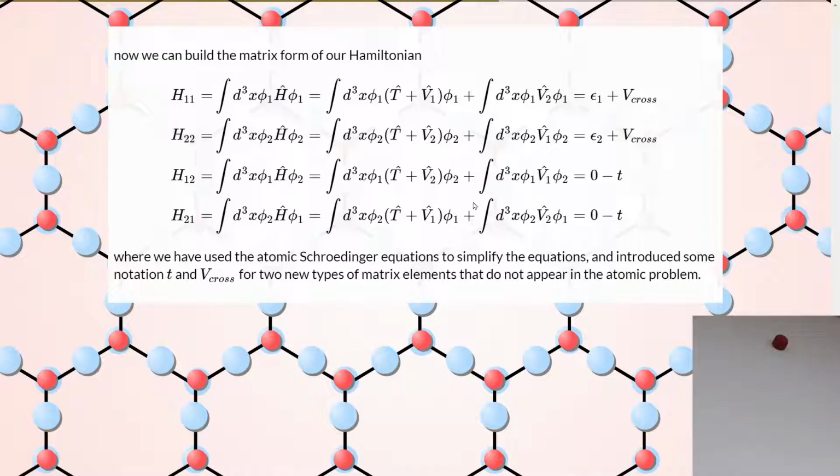So I've sandwiched H, the Hamiltonian, between phi 1, using the approximation. I've identified it and split it up: it's the atomic problem on atom 1 and some other term, effectively a Coulomb interaction of the electron on atom 1 with atom 2. And H22, the other element putting the electron on atom 2, is exactly the same, but this time I've got the atomic problem for atom 2.